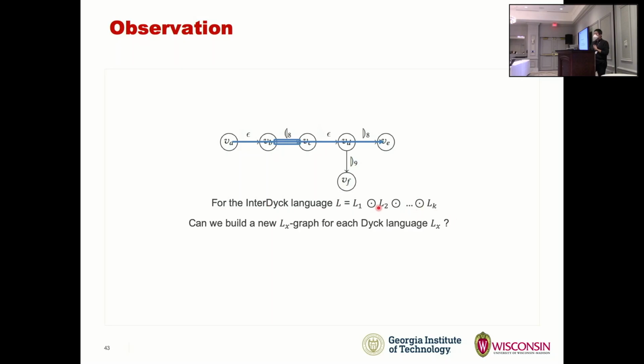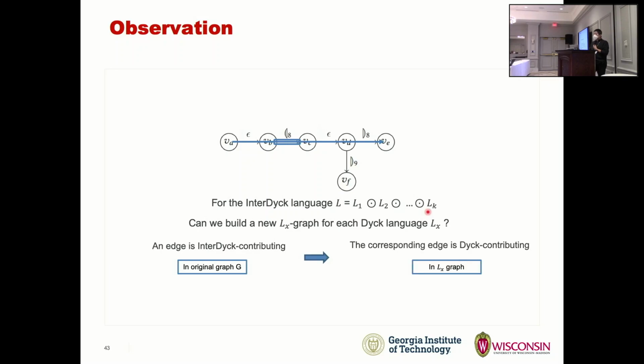If we take out one component, meaning that we take one Dyck language from this inter-Dyck language, and we construct an LX graph, in which we label everything else as epsilon and collapse the nodes, we can claim that if an edge is inter-Dyck contributing in the original graph G, it should be Dyck contributing in the corresponding LX graph, right?